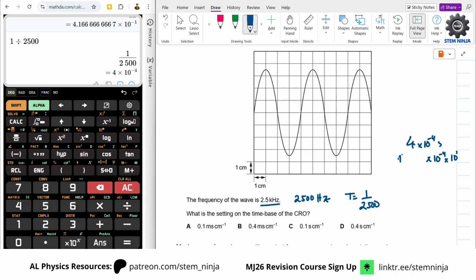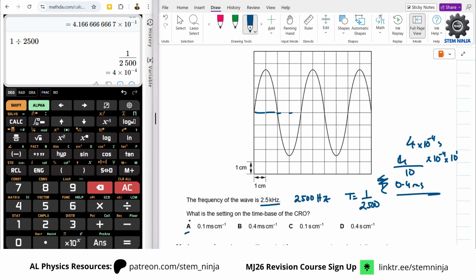So 0.4 milliseconds is the time period. And we have 1, 2, 3, 4 divisions, so I think this is going to be 0.1 milliseconds per centimeter.